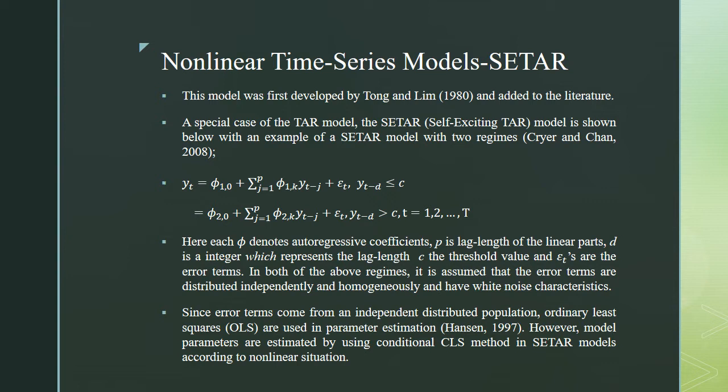Since error terms come from an independent distributed population, ordinary least squares is used in parameter estimation. However, model parameters are estimated by using the conditional least squares method in SETAR models because of the nonlinear structure.